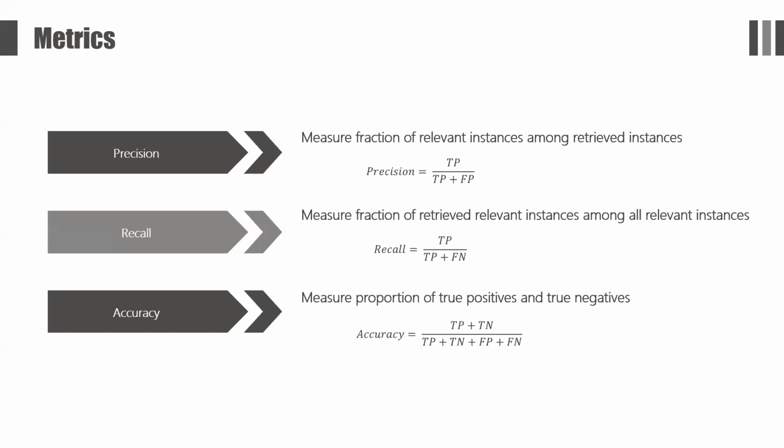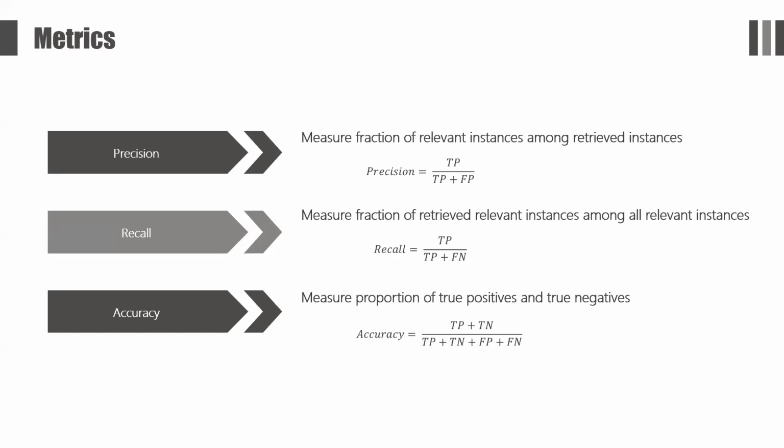So recall equals TP over TP plus FN. The last indicator is accuracy, a measure of the proportion of true positives and true negatives. The formula for accuracy equals TP plus TN over TP plus TN plus FP plus FN.